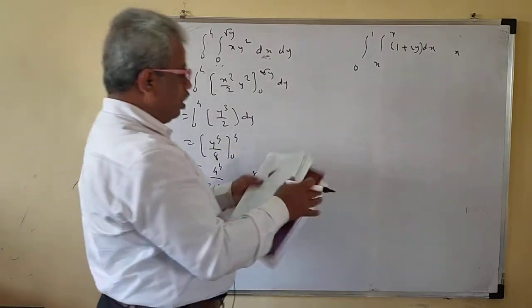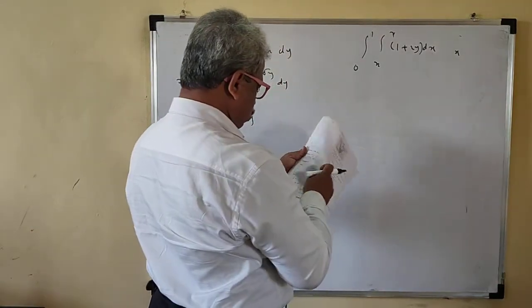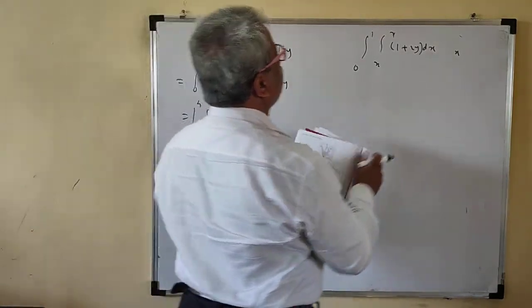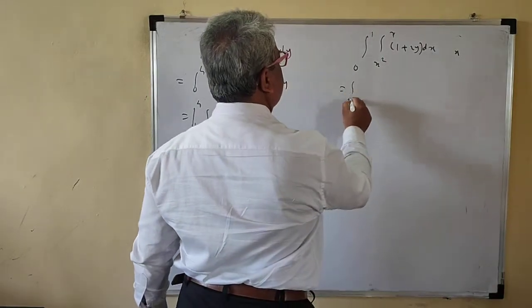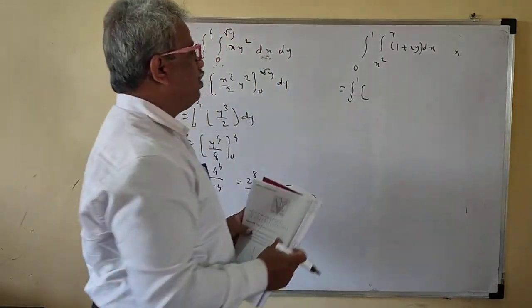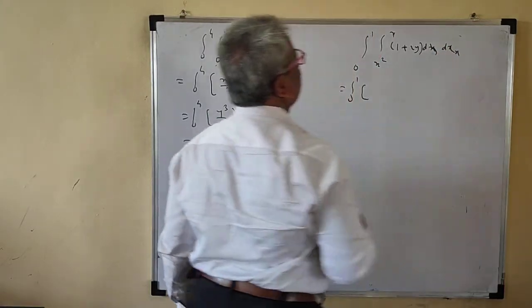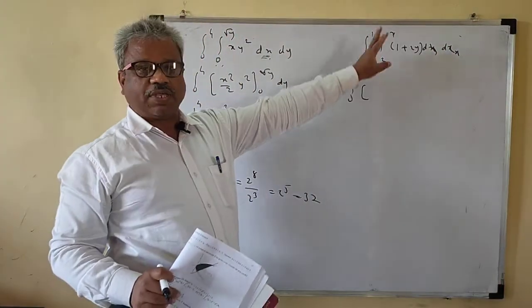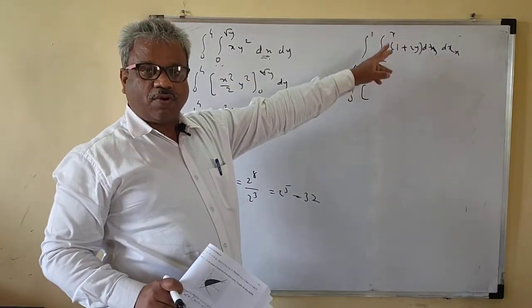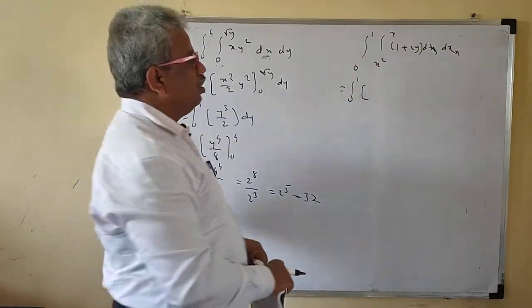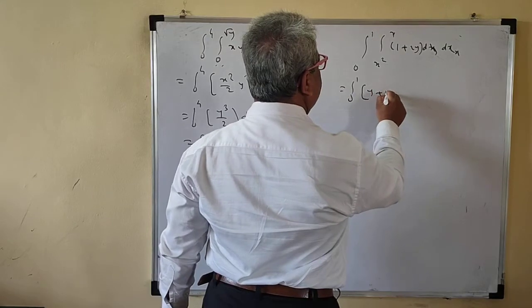This should be x square to x. How can you solve this? 0 to 1, you have to integrate with respect to y first, dy dx. Because these are the limits of y in terms of x, we integrate first with respect to y: y plus y square.